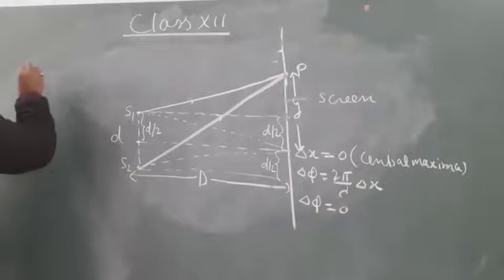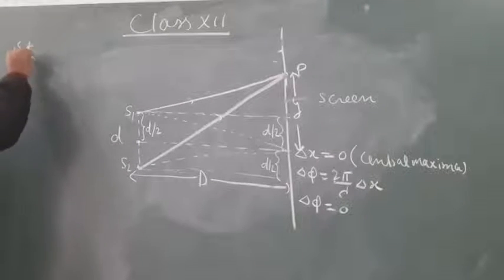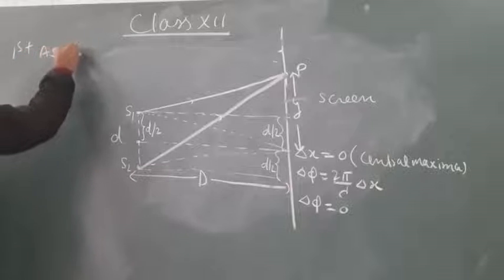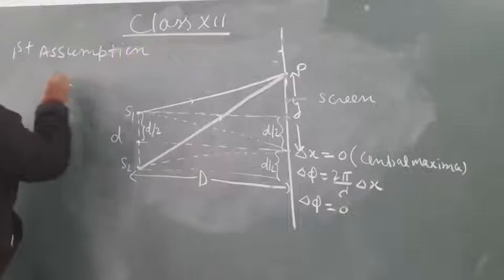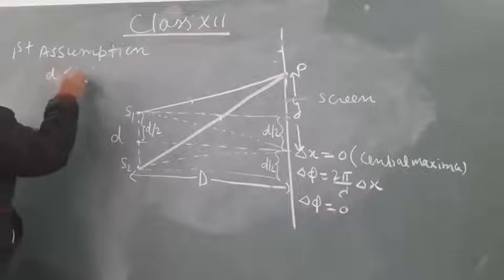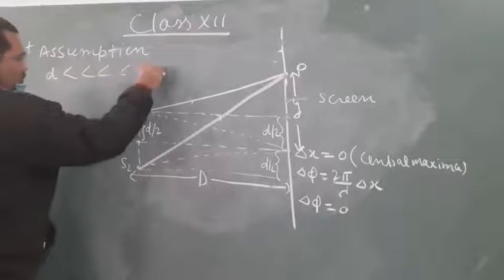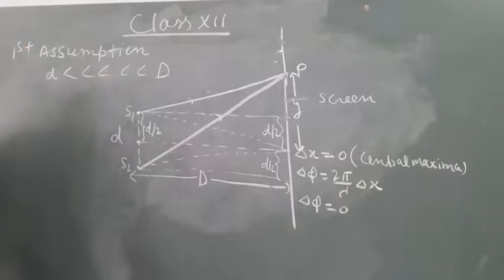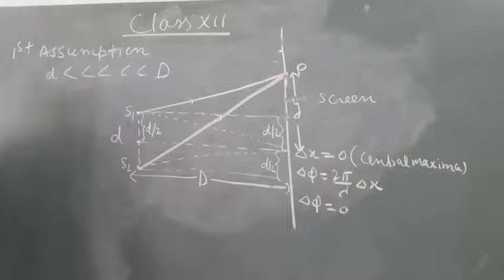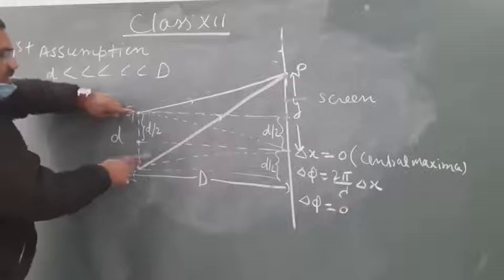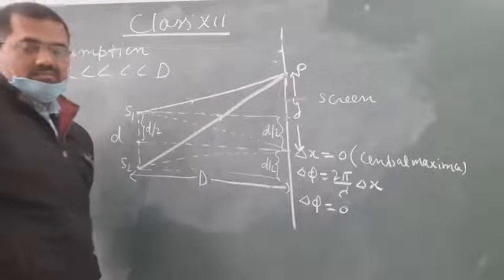So write it down. First assumption: small d is much lesser than capital D. It means these rays must be parallel.